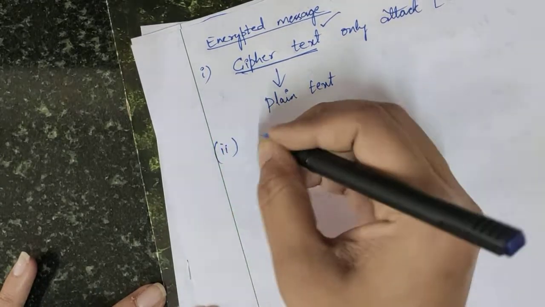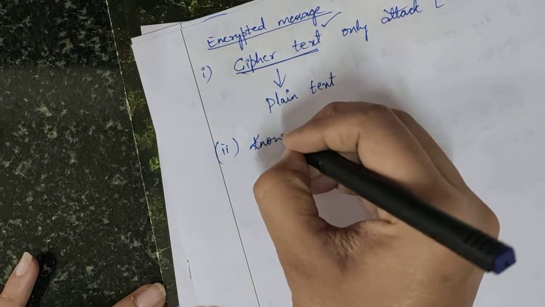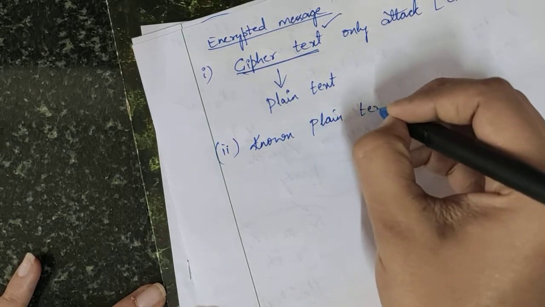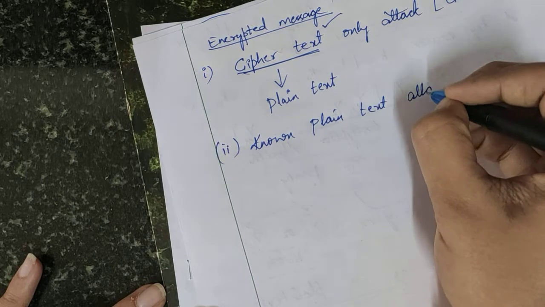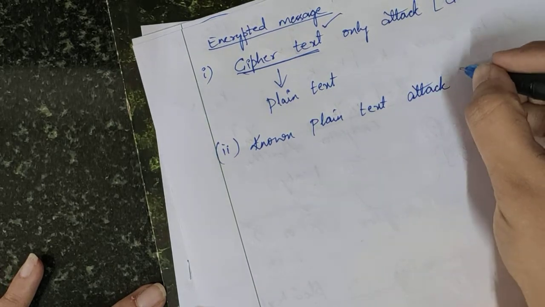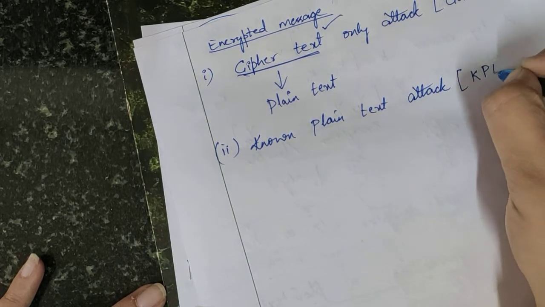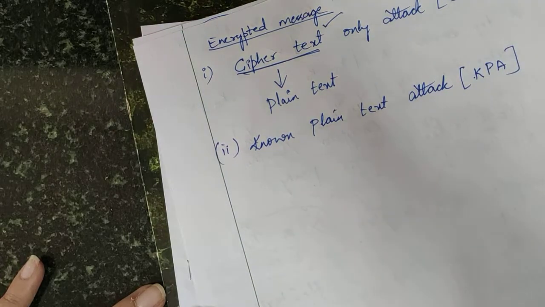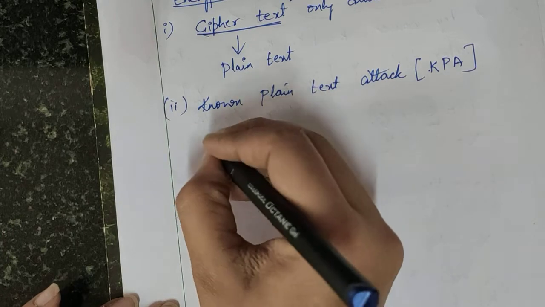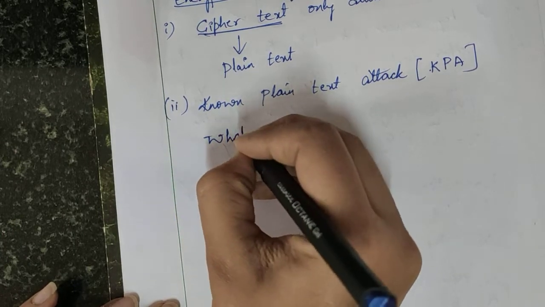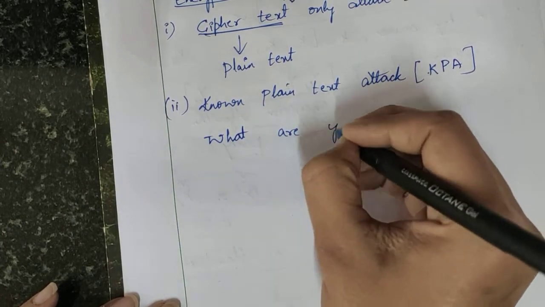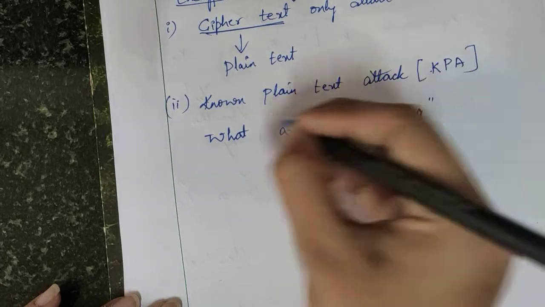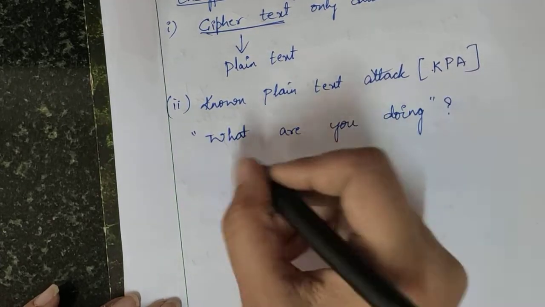Similarly, we have the next one, known plain text attack. In short, I can write this as KPA. For this, say I have a plain text, "what are you doing?" This is my plain text.